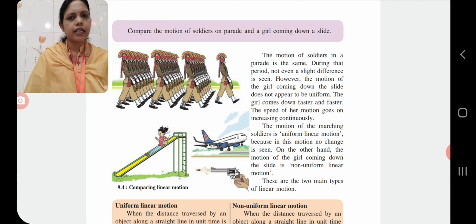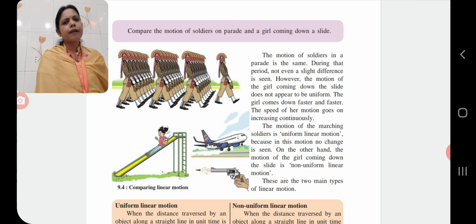So children, in this type of motion, we will compare the motion of soldiers on parade and a girl coming down a slide. Both these diagrams we will observe from the textbook. First, the motion of soldiers in a parade is the same.